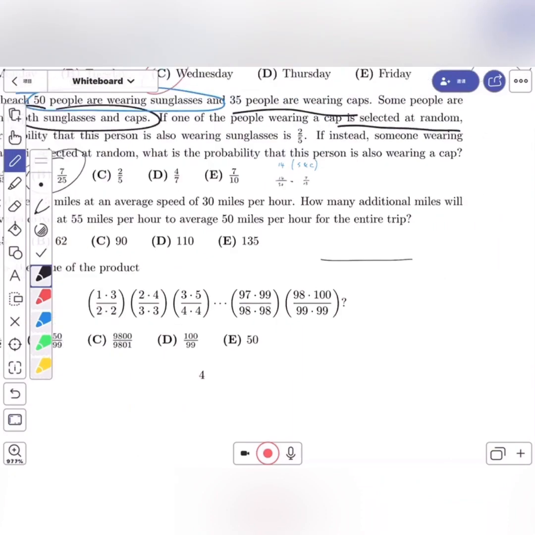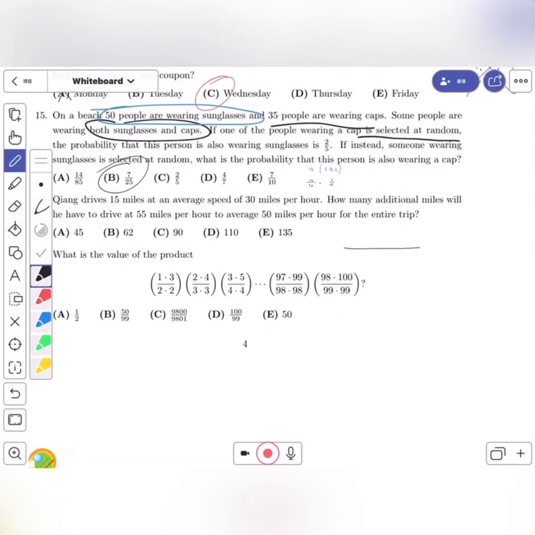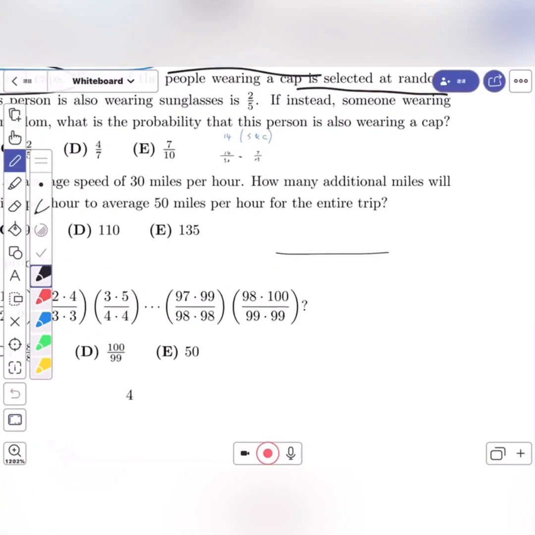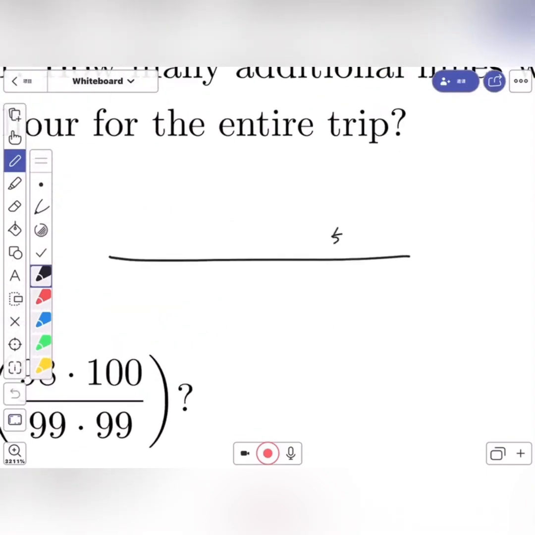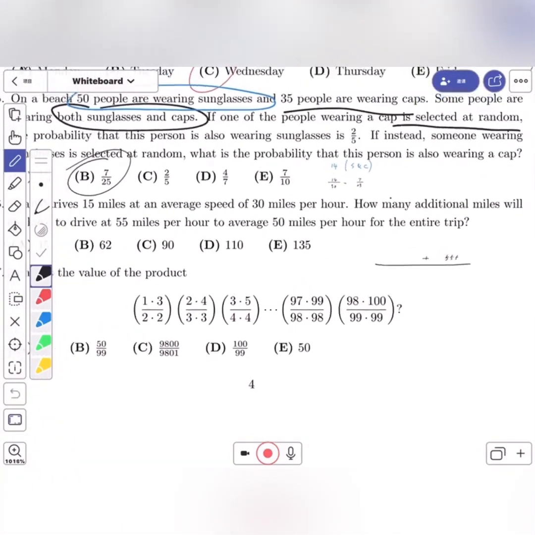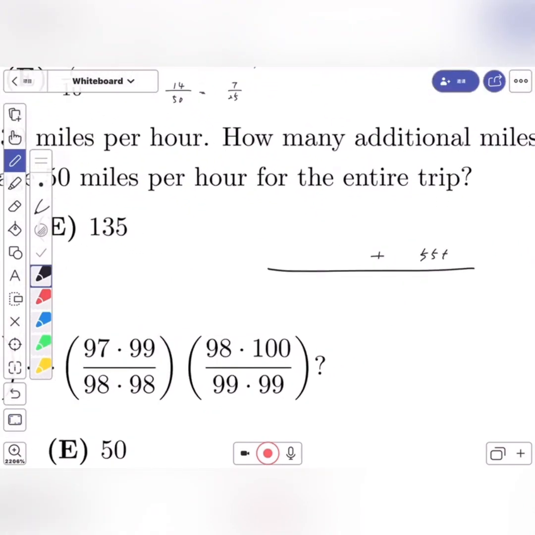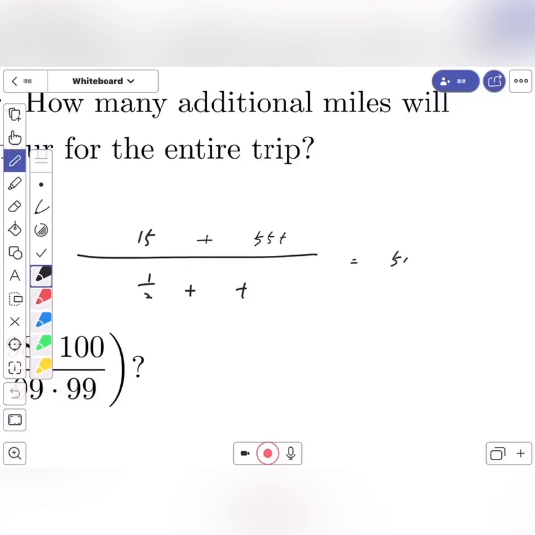So we just set an unknown variable called t. Then we have 55t, since we're going to drive 55t additional miles. The total miles, 50 plus 55t, divided by the total time, 5/3 plus t, is equal to 50.